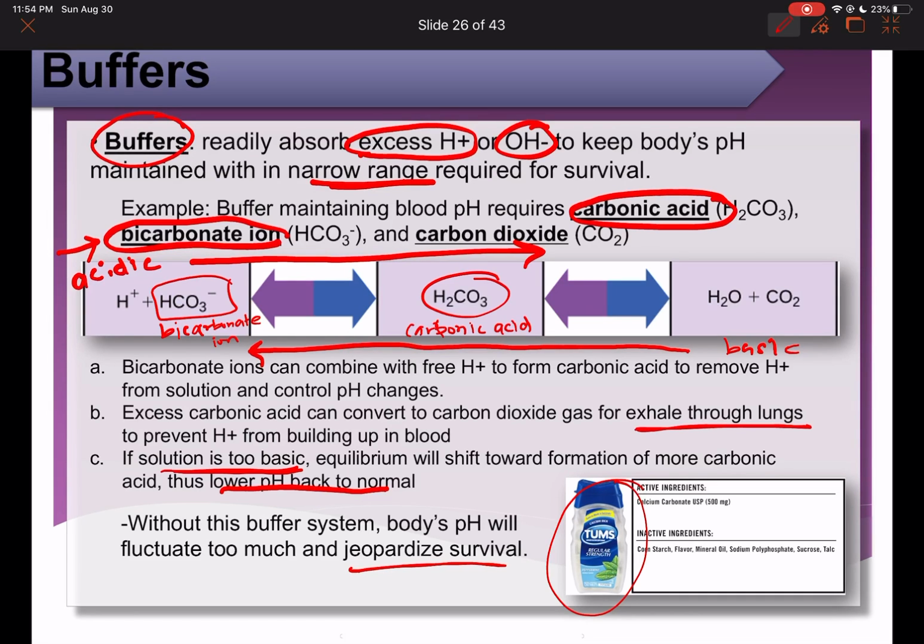One of the active ingredients in Tums is calcium carbonate. We just discussed that bicarbonate ion is what acts as a buffer and neutralizes your acid.